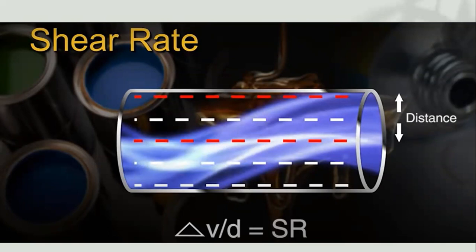The rate at which water flows in the middle of the pipe and in the area closest to the inner wall of the pipe will be different.